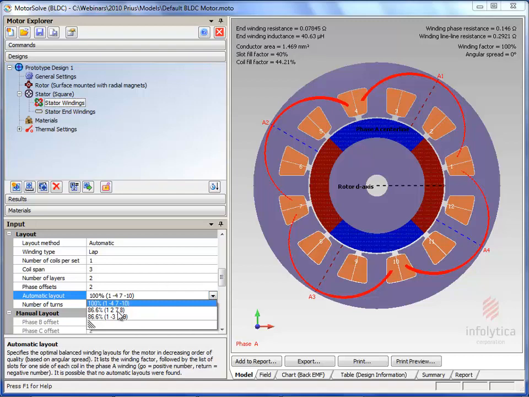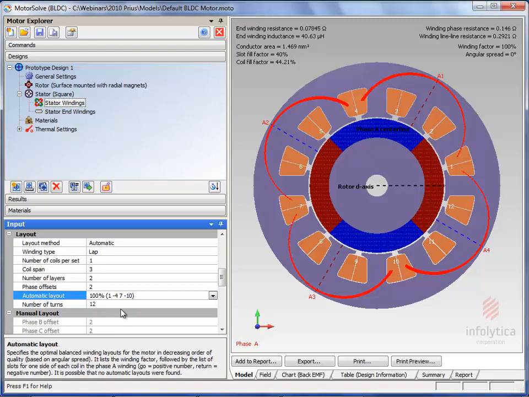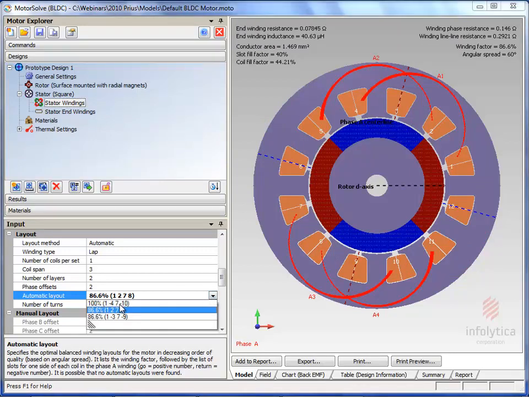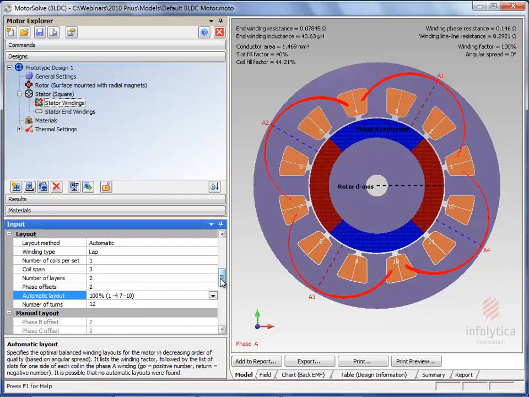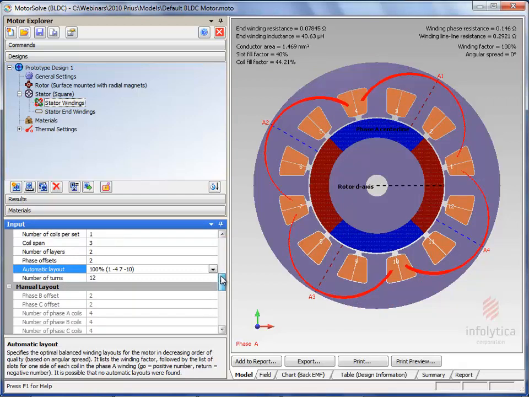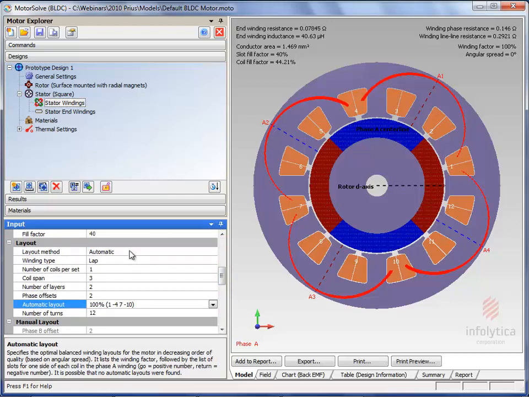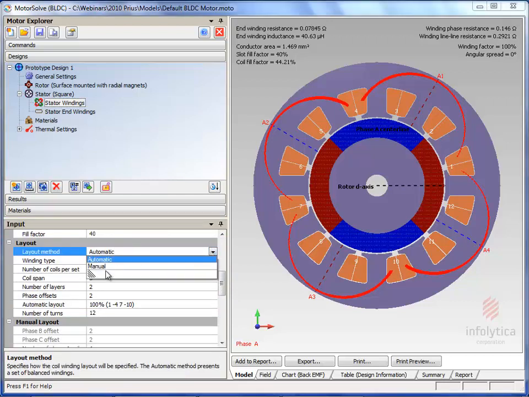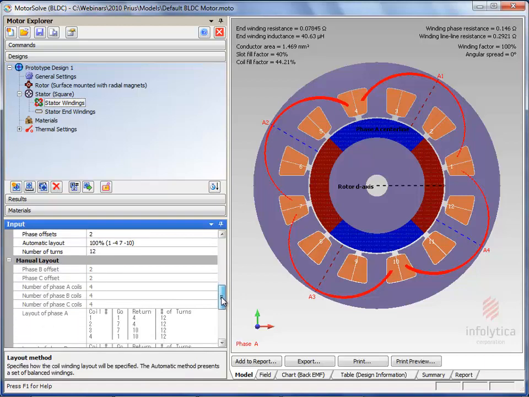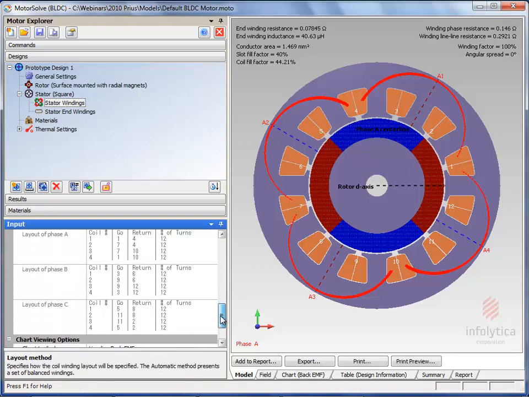And so these are automatically done for you. Just as a matter of reference, a simple toggle of the pull down gives you a quick representation of things. If you don't desire to use one of our automatic layouts, you can switch this to manual and then enter your winding layout manually in this area here.